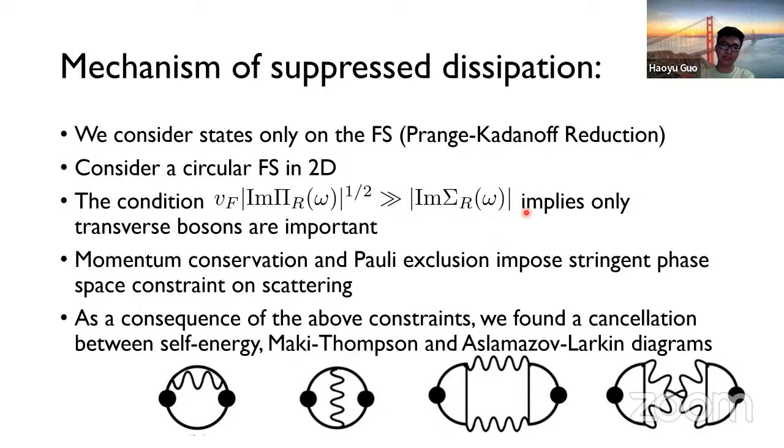This condition implies that it's very hard to excite a fermion out of the Fermi surface, so the momentum of the boson that excites a fermion should be transverse to the Fermi surface. It cannot be radial, or normal, to the Fermi surface.